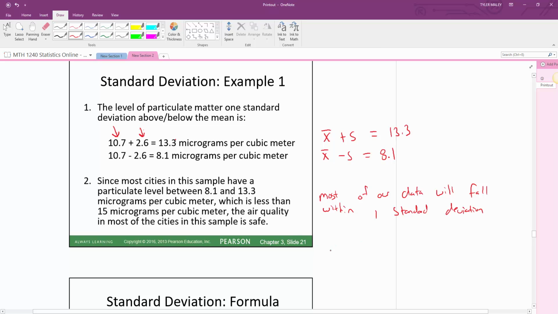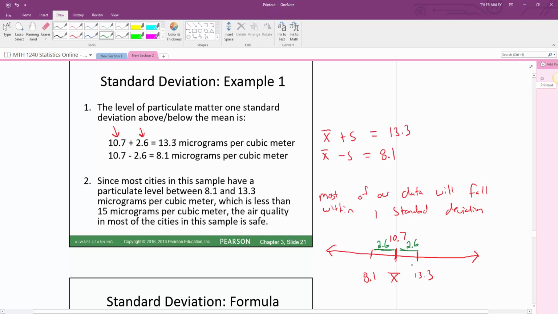So if we draw a number line, here is x bar, which was 10.7, and here this would be 13.3, and let this over here be 8.1. Then this distance in between is one standard deviation away, and our standard deviation is 2.6.